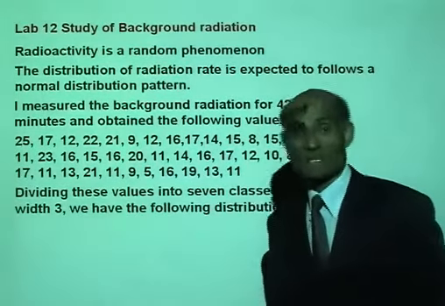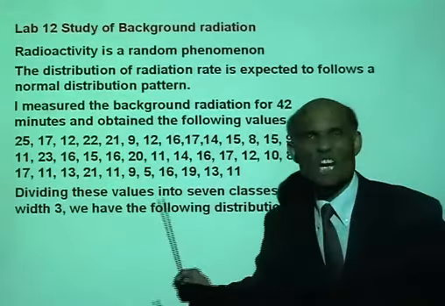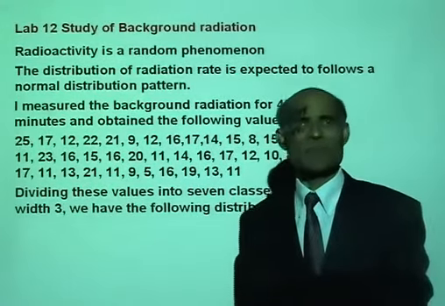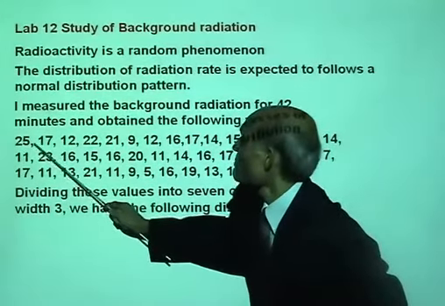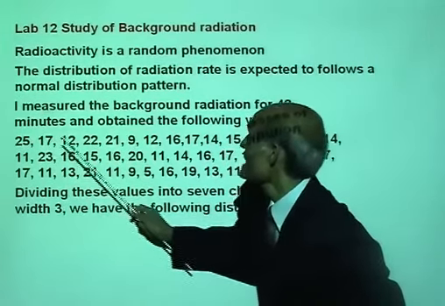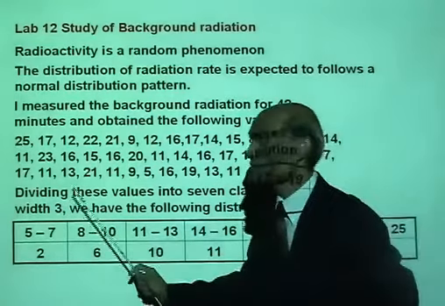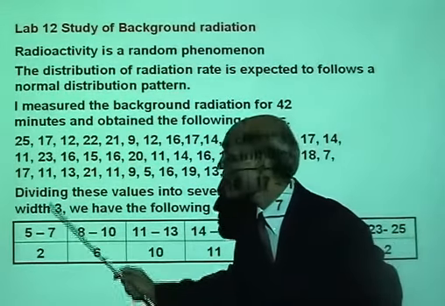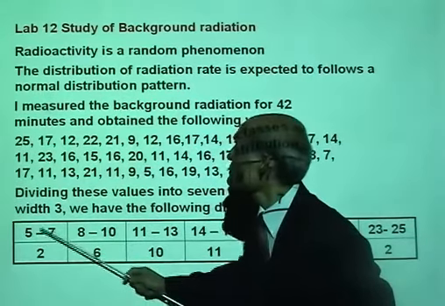You know what I did? I divided these values into 7 classes. Now what does that mean? If you look at these numbers, there are numbers greater than 20, numbers between 15 and 20 and so on. So what I did is I counted how many numbers are from 5 to 7.